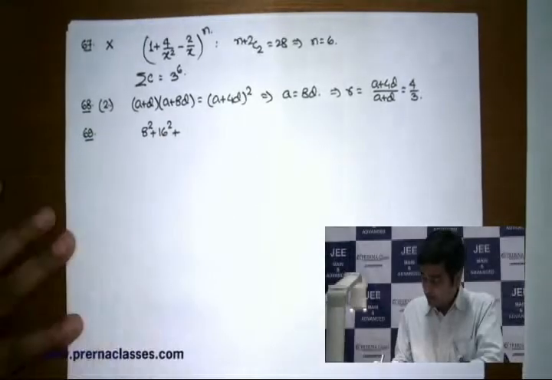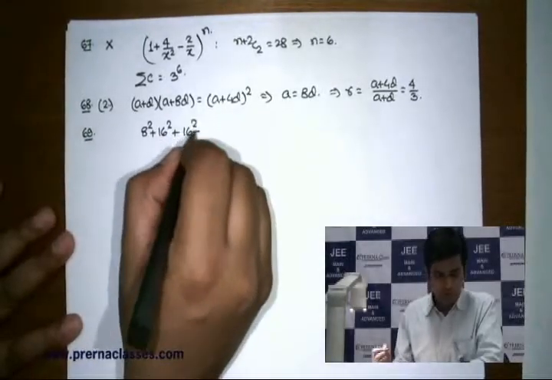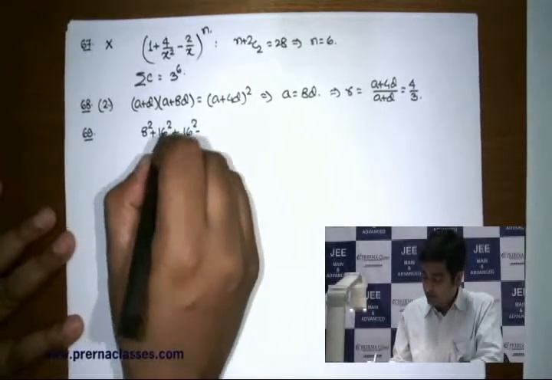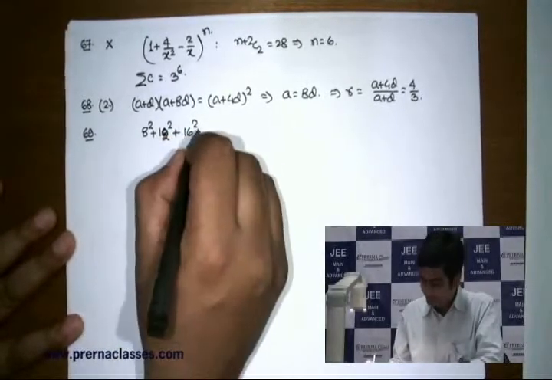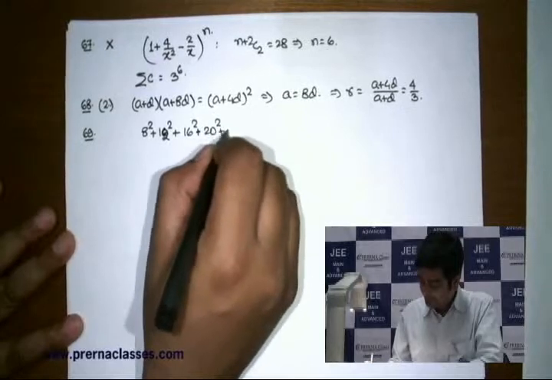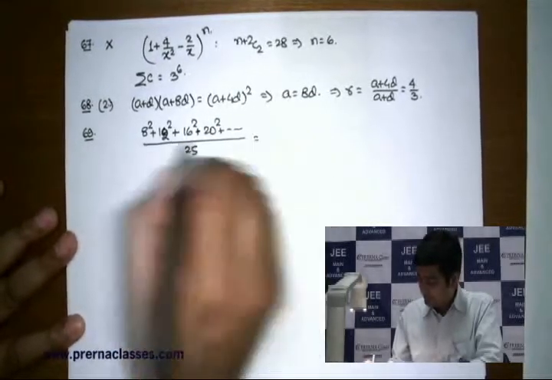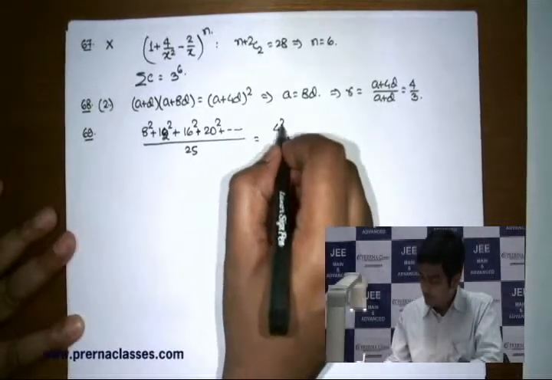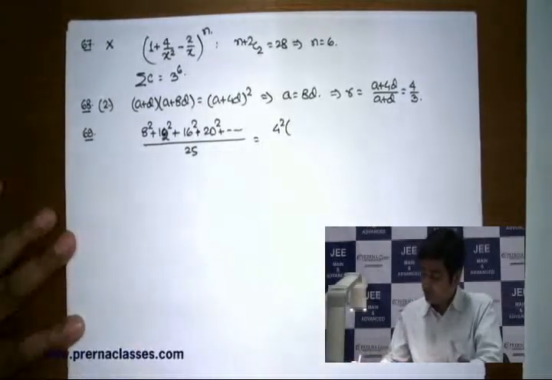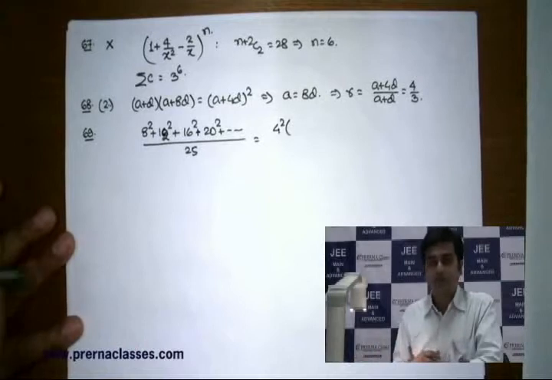Next problem is again related with some series, and if you simplify those terms, you will find that all those terms have a common denominator, that is 25. In the numerator, if you take out 4 square, you have squares of natural numbers.